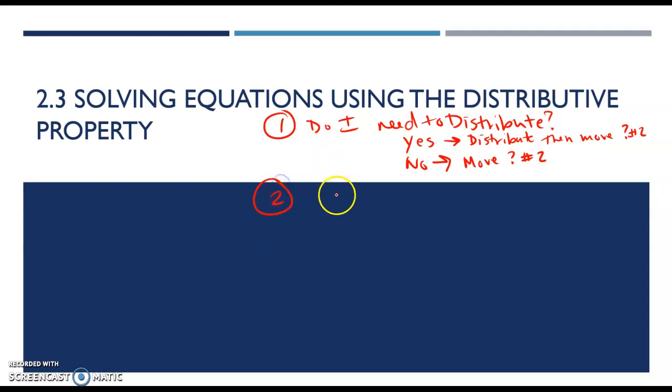Second question. Do I have same side like terms? Yes.